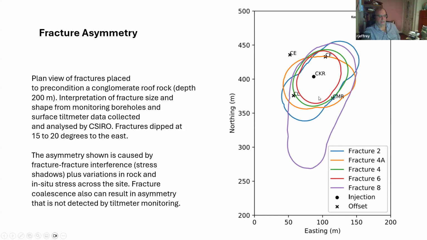In this case, the fractures were dipping. We measured 17 degrees to the east, but I say here 15 to 20 degrees because there's always some variability.